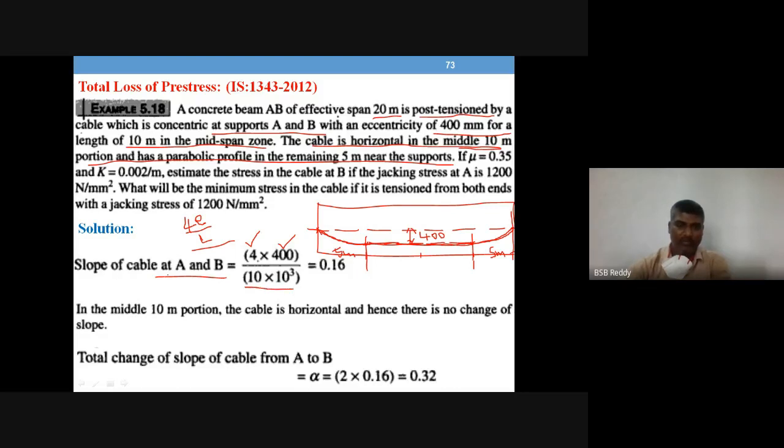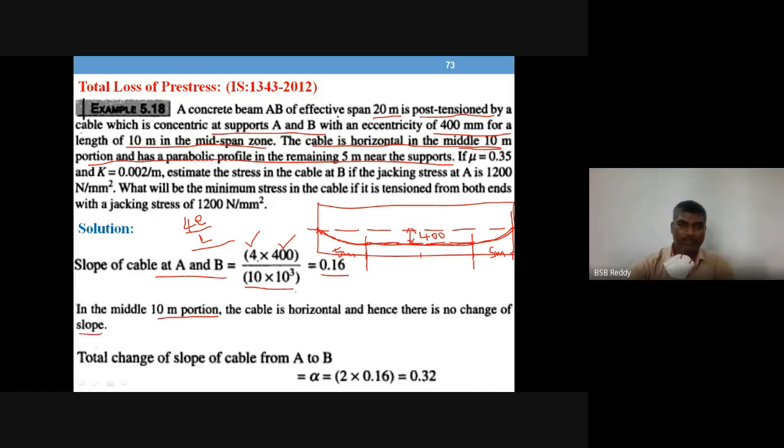Slope of the cable at A and B. So 0.16, right? Okay, in the middle 10 meters portion, the cable is horizontal, and hence there is no change of slope.